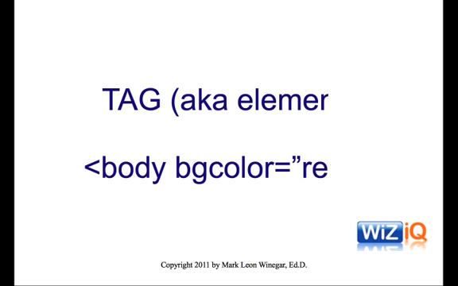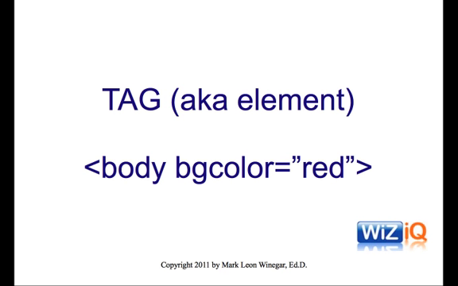We use it to include pictures and illustrations. We can use it to create different formatting styles. We can do all kinds of things with tags. But first we have to learn about the structure of tags. Tags are often called elements.